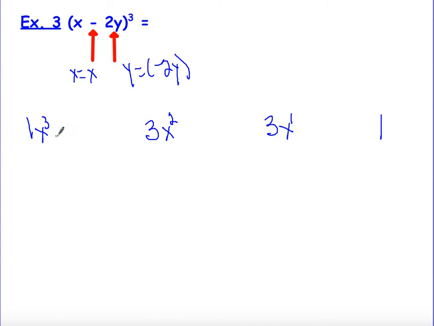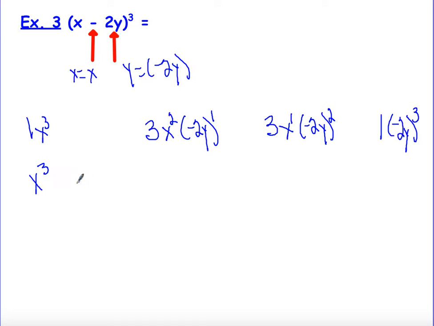So we have negative 2y to the 0. Well, that doesn't change anything. Here I'm going to have negative 2y to the 1st power. Here I'm going to have negative 2y to the 2nd power. Here I'm going to have negative 2y to the 3rd power. Okay? So in other words, if we simplify this, I have x to the 3rd, and then I have 3x squared times negative 2 times y.